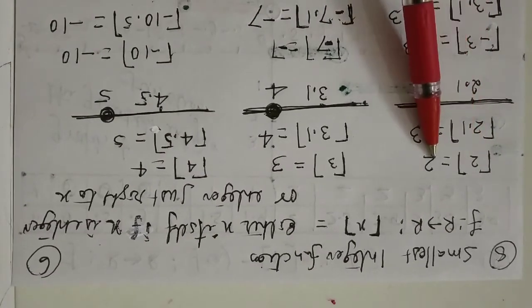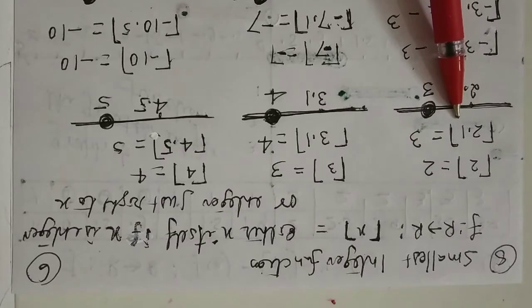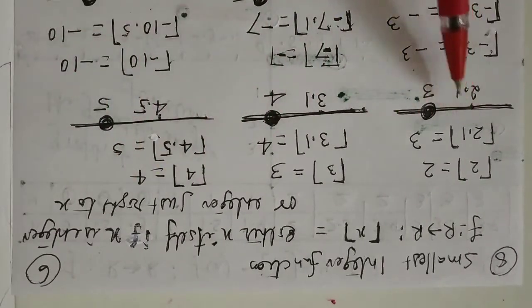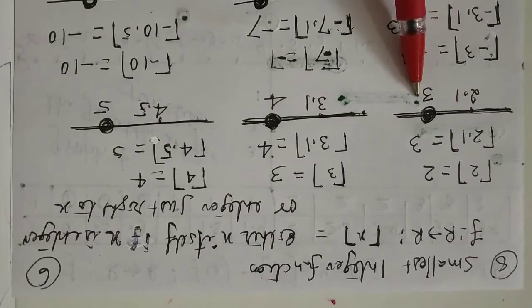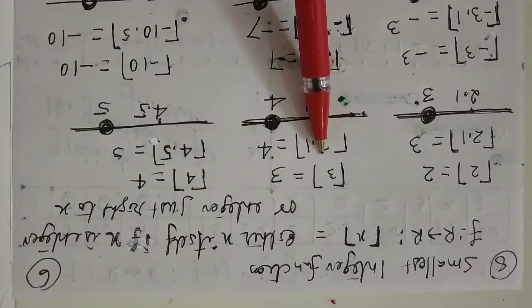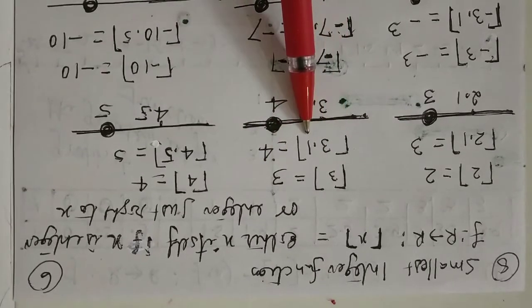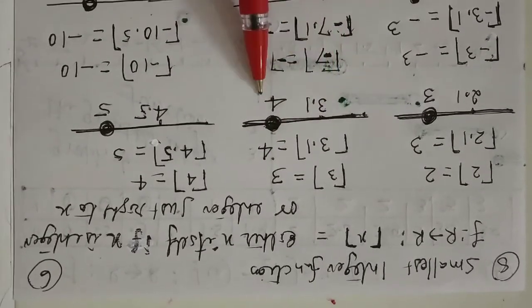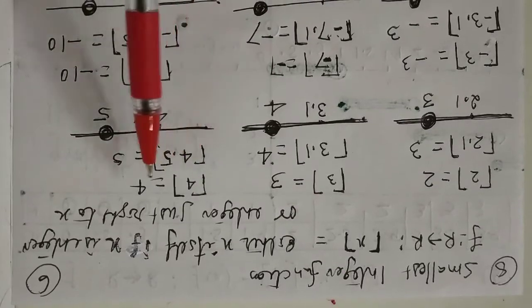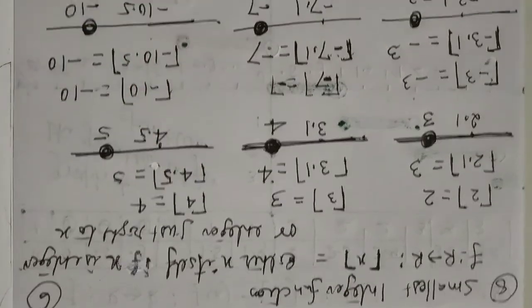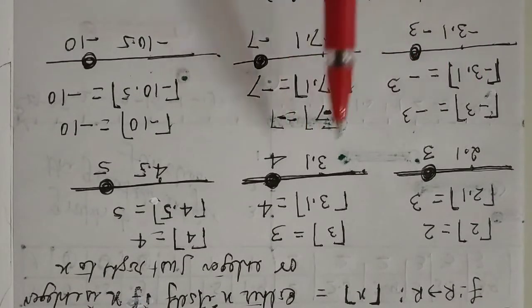Since 2 is an integer, the answer is exactly 2, but 2.1 is not an integer, so move right, and the right number is 3. Likewise 3 is 3. The smallest integer of 3.1, to the right of 3.1, is 4. Similarly 4 is 4, but right of 4.5 is 5. So this is the smallest integer function.